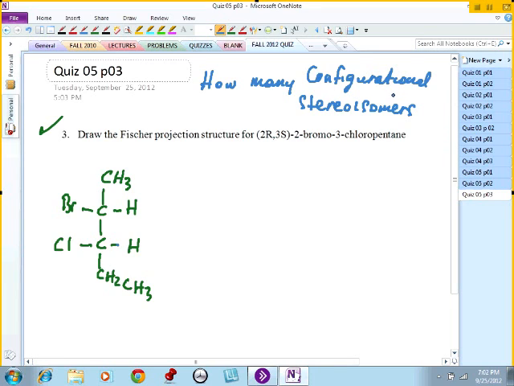Configurational stereoisomers. Now, if you look at this, the answer will be 2 to the power of n, where n equals the number of chirality centers.